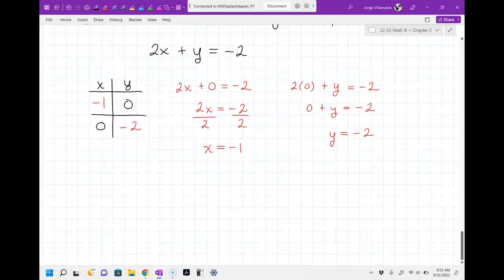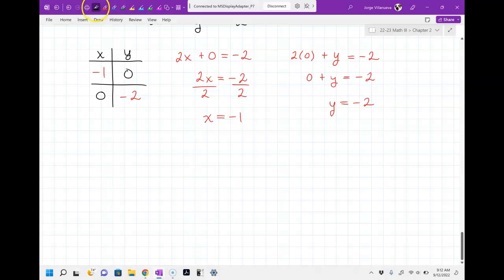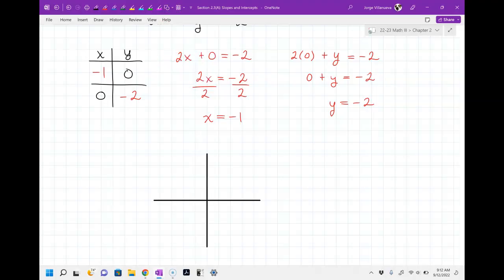So now I just got to sketch this. So let me just sketch this really quick, and then I'm finished. All right, so 1 point was -1, 0.